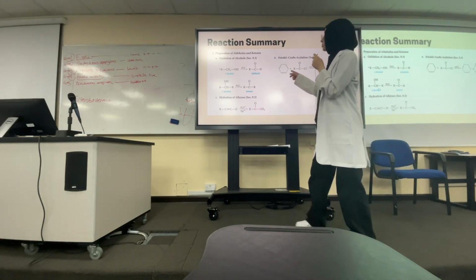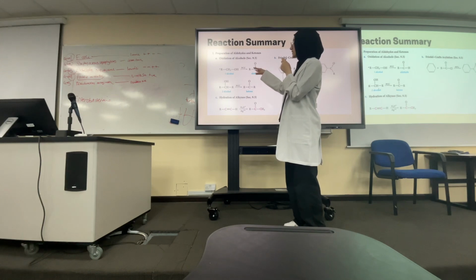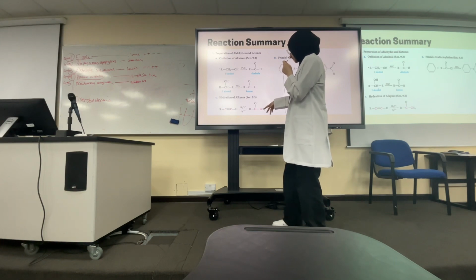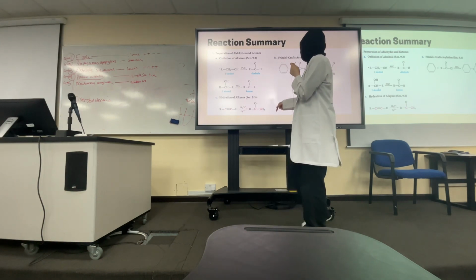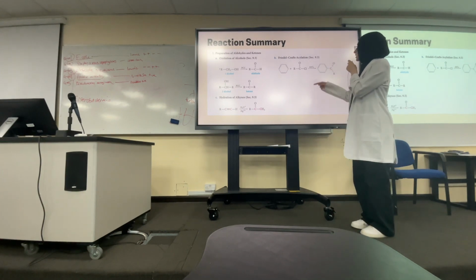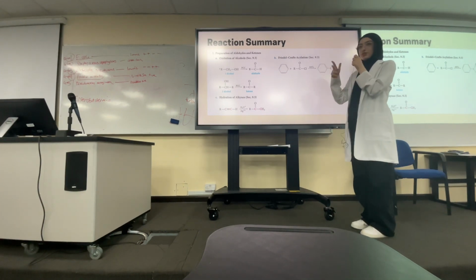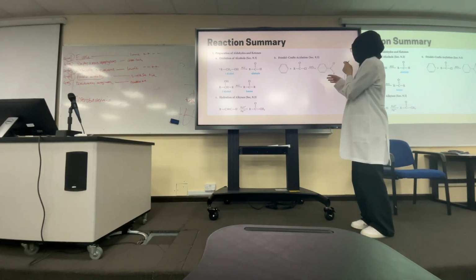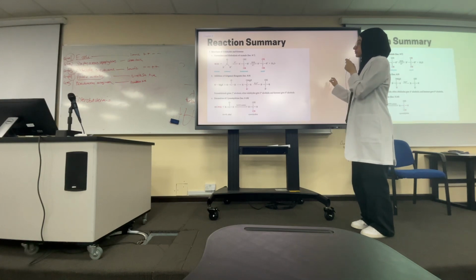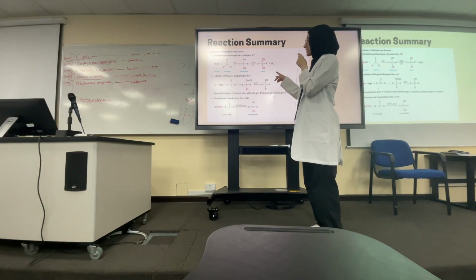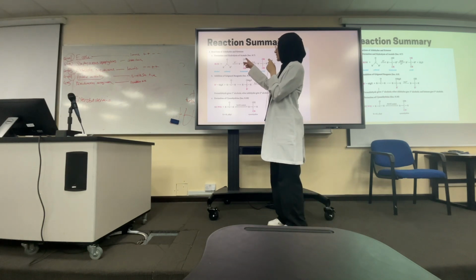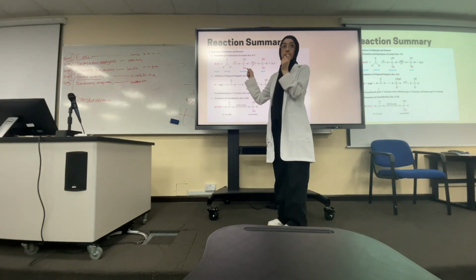So here we know the preparation of aldehydes and ketones: the oxidation of alcohols, which we explained, and hydration of alkynes. Just memorize all of these. Friedel-Crafts acylation, we mentioned it briefly. Then the reactions of aldehydes and ketones: formation and hydrolysis of acetals. This is very important.